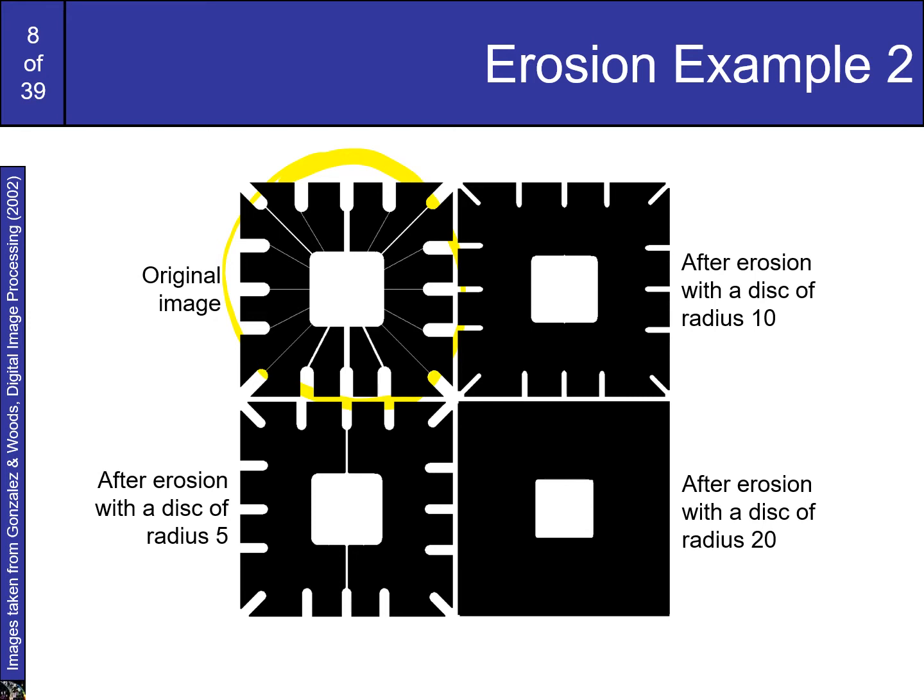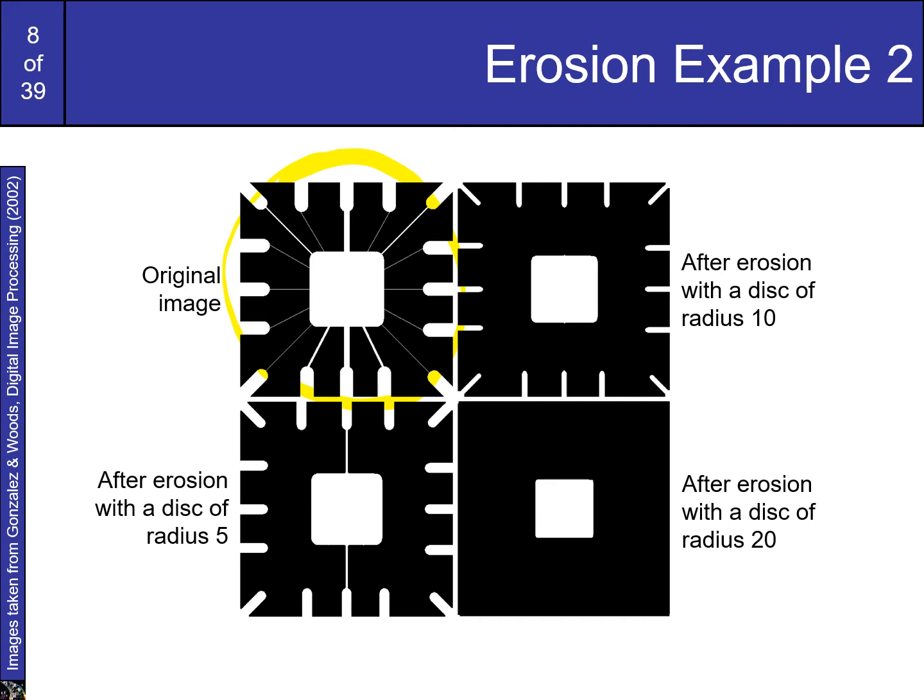This time consider the image has objects which are in white. The object is now in white and the background is black. So we expect that when we do erosion, the white will be shrinking.